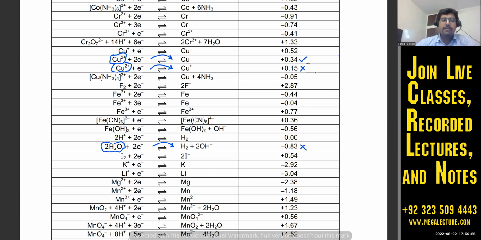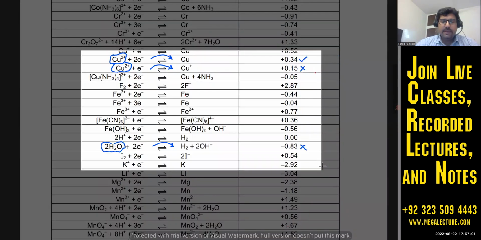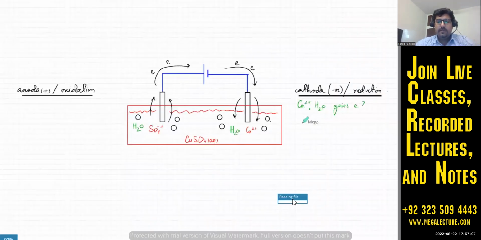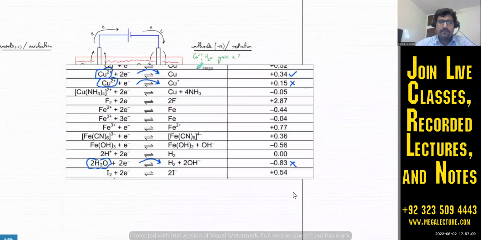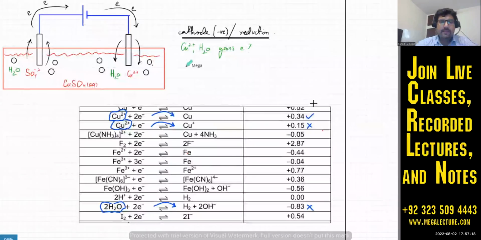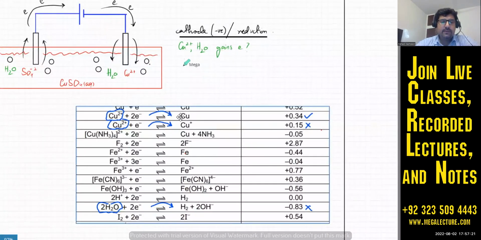So out of these three equations in the data booklet, I was able to figure out that it's the first equation, copper 2+, that's going to gain electrons. And I'm going to write that equation: copper 2+ gains 2 electrons and forms copper.